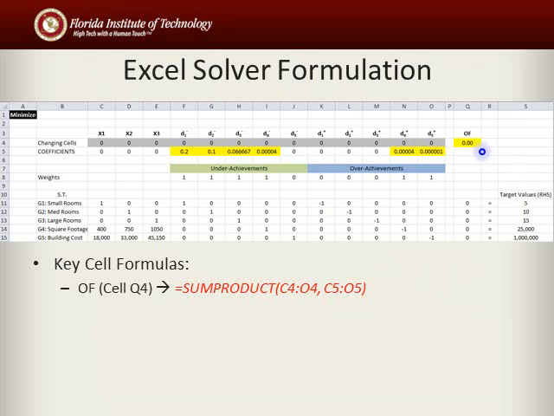For example, the key cell formula to specify the objective function is in cell Q4. This is going to be the sum of products of cells C4:O4, which are all of our changing cells, times the coefficients.